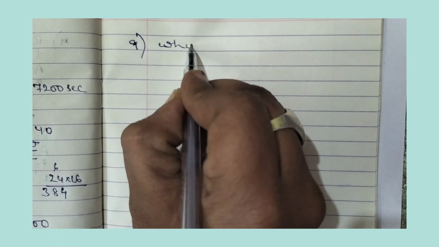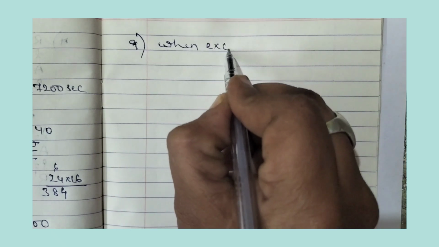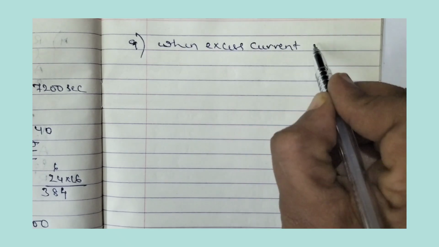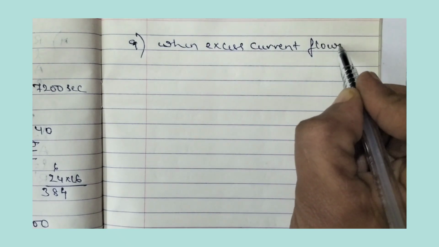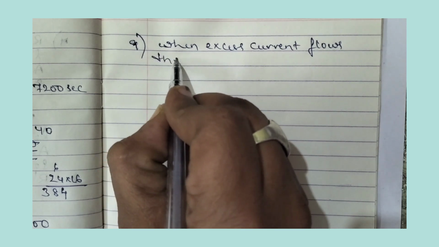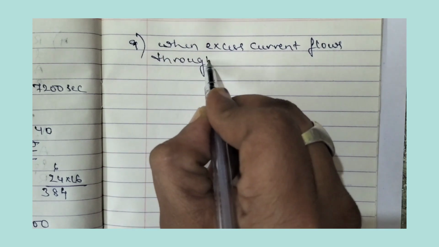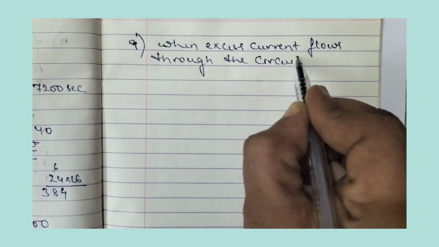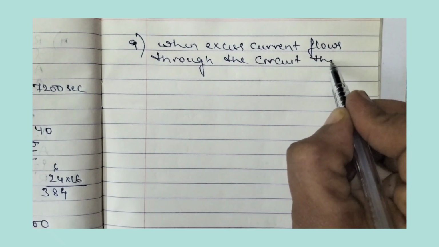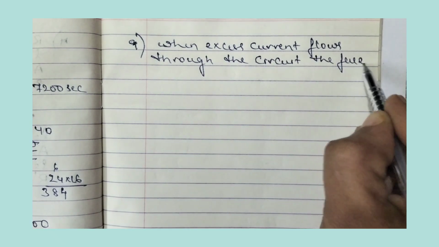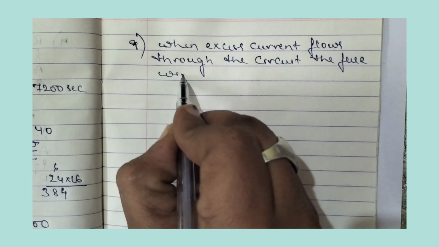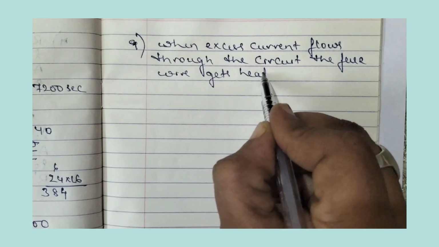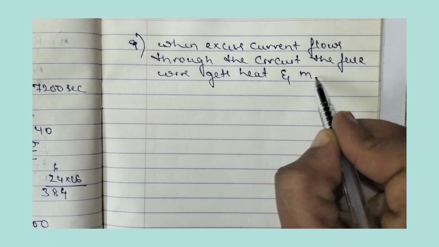When excess current flows through the circuit, the fuse wire gets heated and melts.